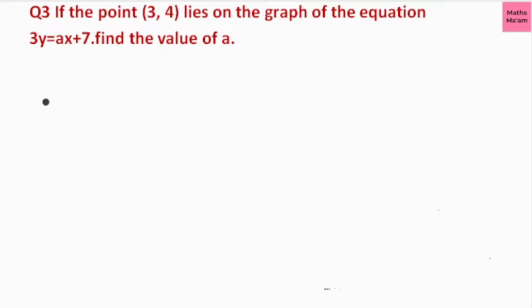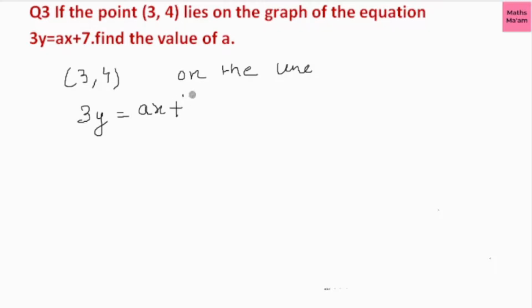Okay, in this question we are given a point 3, 4 on the line 3y is equal to ax plus 7, and we have to find the value of the coefficient of x, that is a.